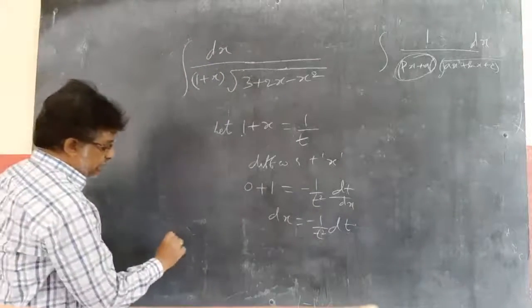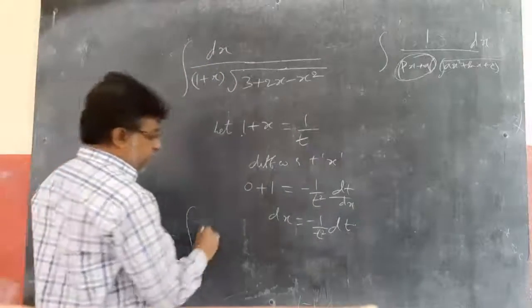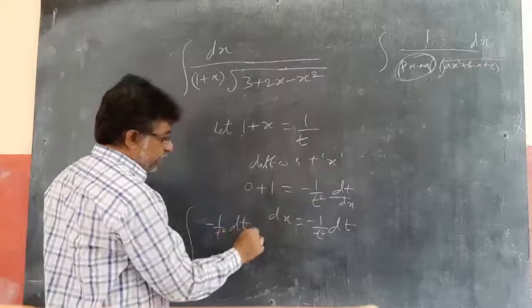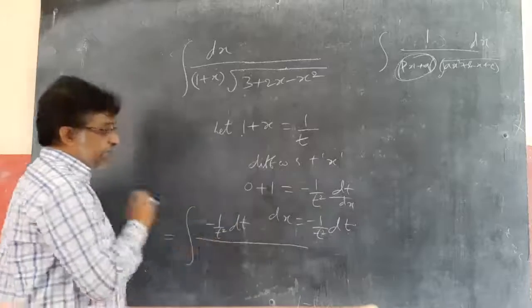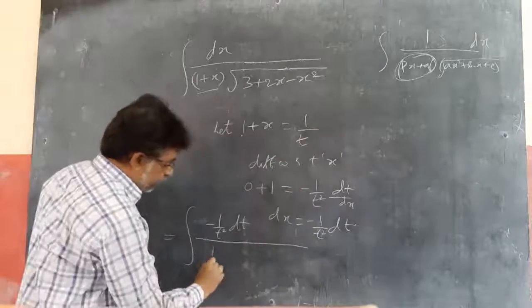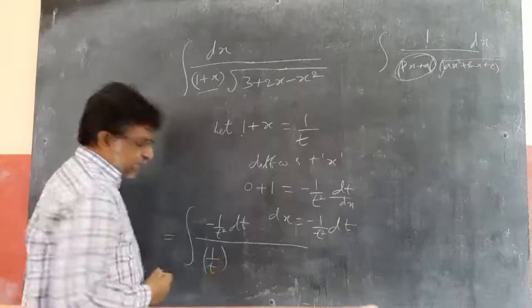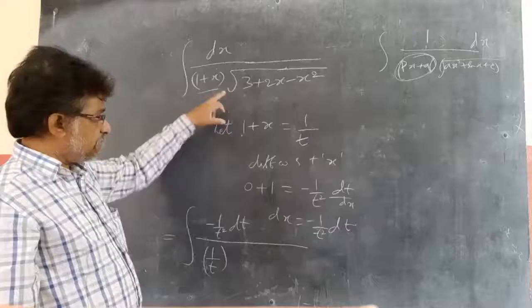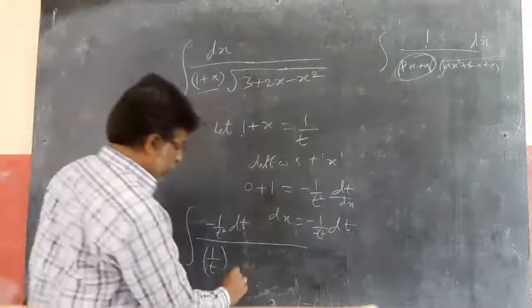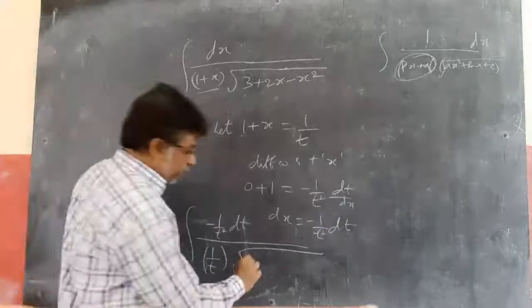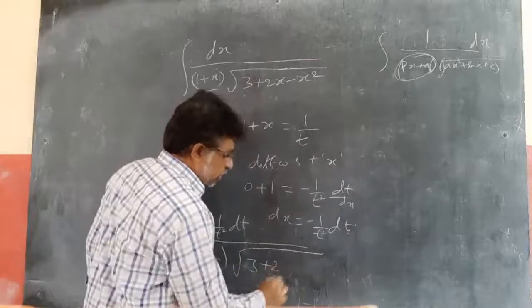So the integral becomes, in place of dx, minus 1 by t square dt, by, in place of 1 plus x, 1 by t, into square root of 3 plus 2x minus x square. I am converting everything in terms of t.